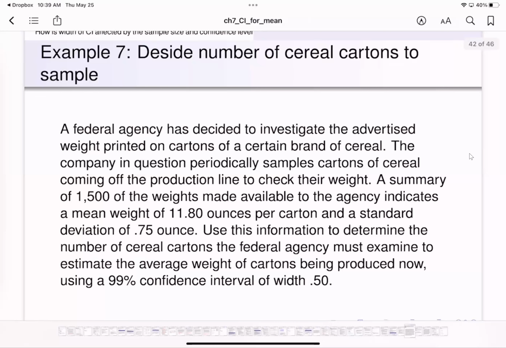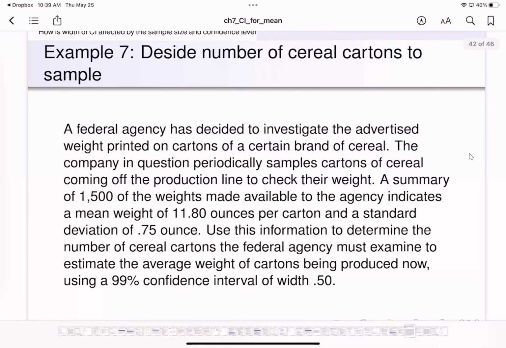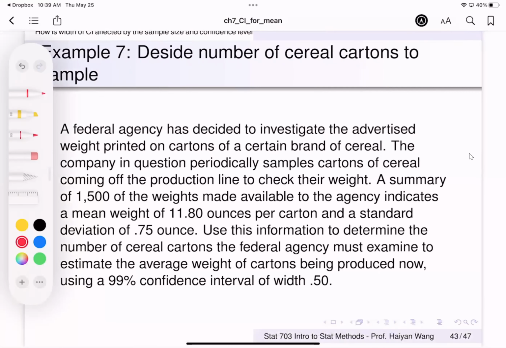So here, 99% confidence level. Recall, the sample size formula is 4 times z squared times sigma squared, divided by the width squared. In this case, the z comes from the 99%, so we'll use the z of 0.995 in the computation.